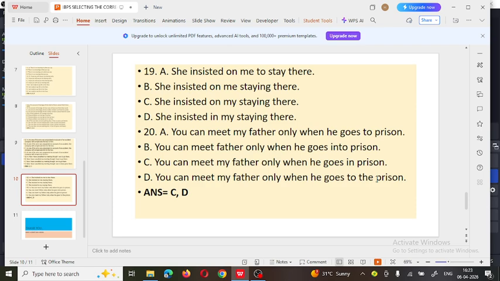So you can meet my father, and the subordinate clause is when he goes to prison, into prison, in prison, or to the prison, as he knows where his father is going to be put. So the prison is not general, it's a definite place, and that's why we need to use the definite article here. But in option A, it is not used. Into prison, in prison is not correct in this regard. So to the prison, option D, is correct here.